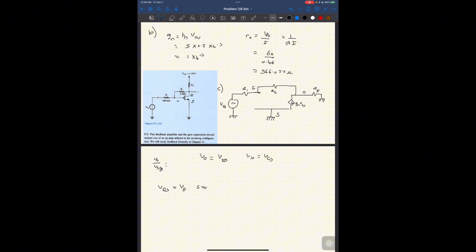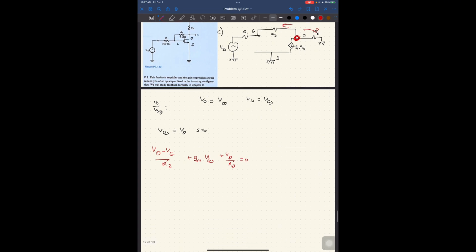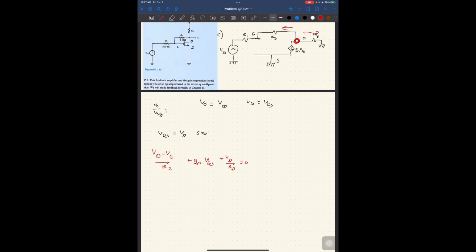So if I was to do nodal at D, right, so VD minus VG over R2 plus gm VGS plus VD minus 0 over RD is equal to 0.